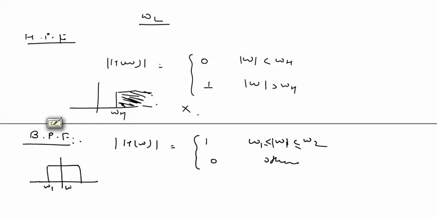Here omega 1 and omega 2 bound the pass band PB, and the remaining is the stop band SB. The bandwidth for this is omega 2 minus omega 1, as shown in the figure.